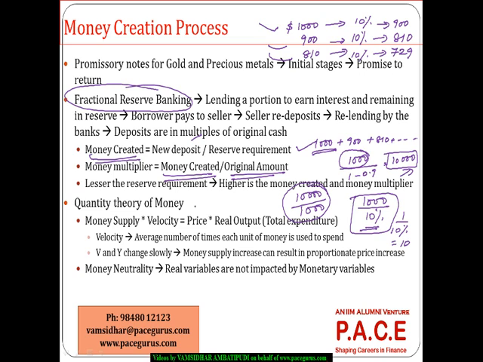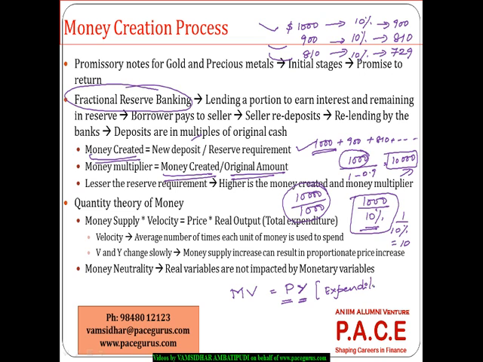And this is where the quantity theory of money comes in, which says whatever is the quantity of money supply multiplied by the velocity at which it is used is the same as the price multiplied by the real output. So if you look at it, price multiplied by the real output quantity is the total expenditure of the country.